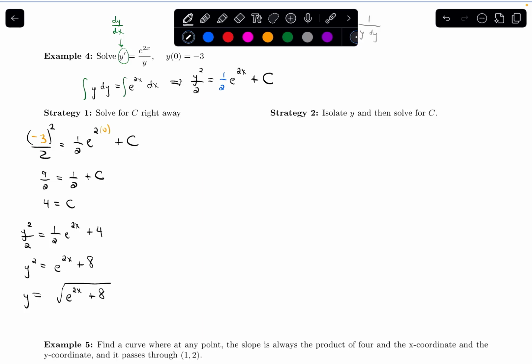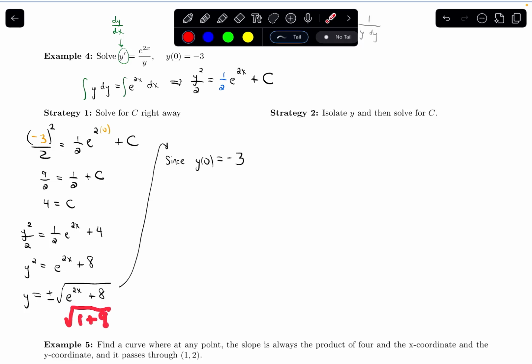But anytime I square root both sides, I've got to put a plus or minus in front of the square root. So how do I know if it's the positive square root or the negative? Well, it's based on this initial condition. Since y of 0 equals negative 3, if I plug that into this equation, I'll get e to the 0, which is 1, and the square root of 1 plus 8, which is 3.